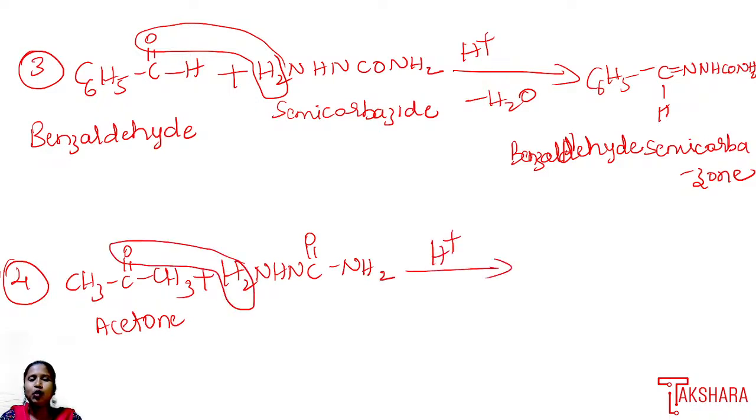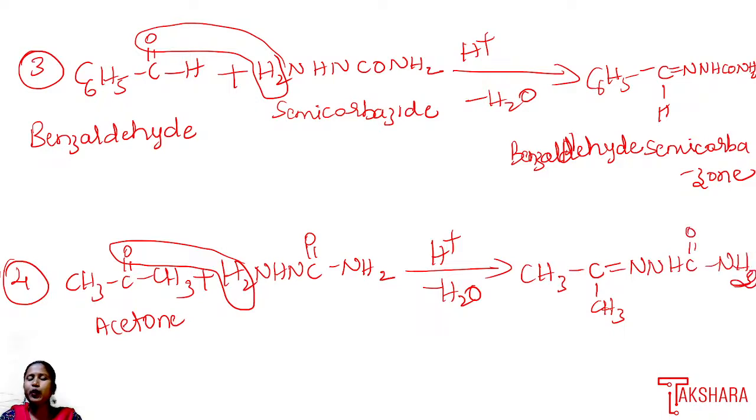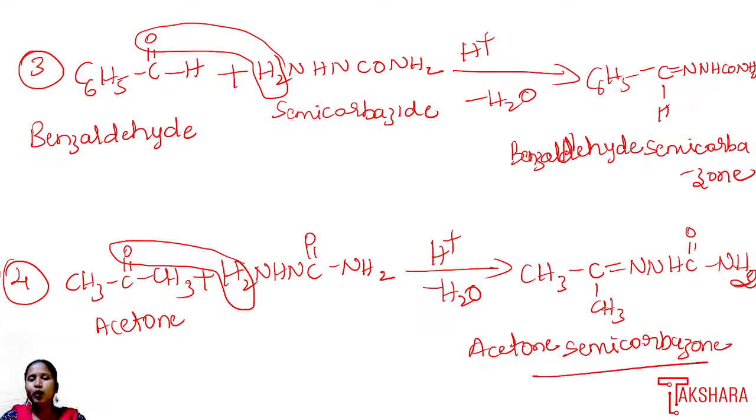A water molecule is removed, minus water, and we get the product CH3 C, with CH3 again attached to the carbon, double bond N, then NH C double bond O NH2. So what is the product name? Acetone semi-carbazone is going to form as the final product.